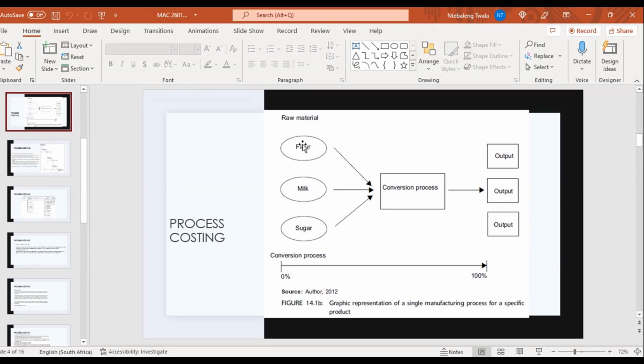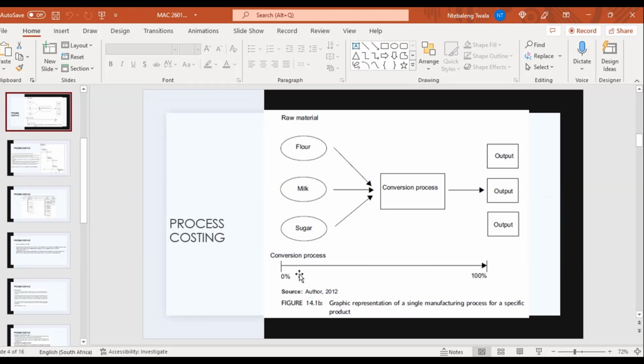This flour came in as 100%, no work done, yes, but the cost is at 100%. But in terms of the process, it's at 0 because it just came in as an input. So whatever happens in terms of the conversions, we need to acknowledge that this came in at 100% state.